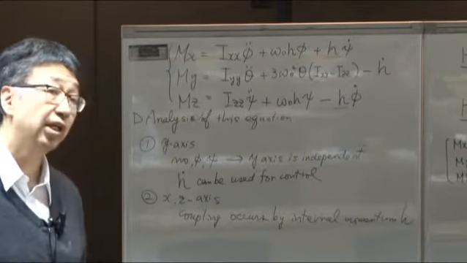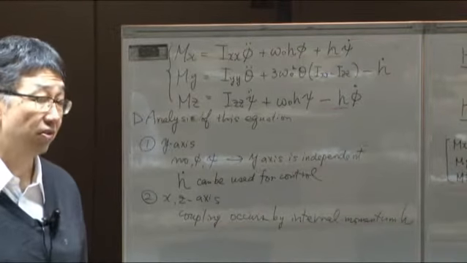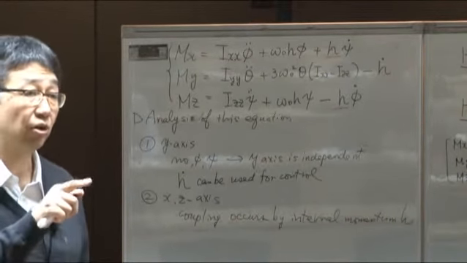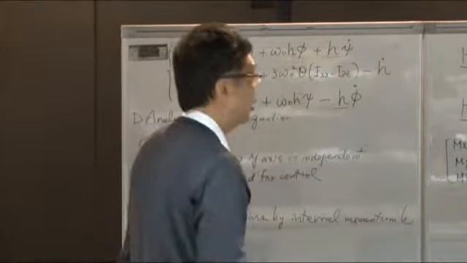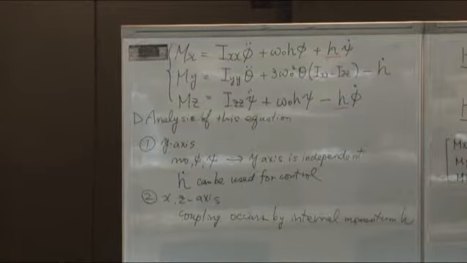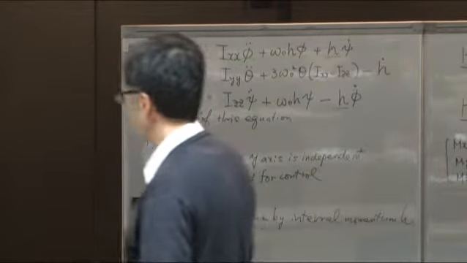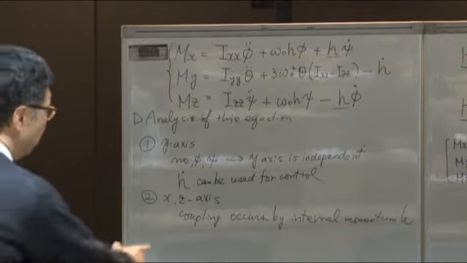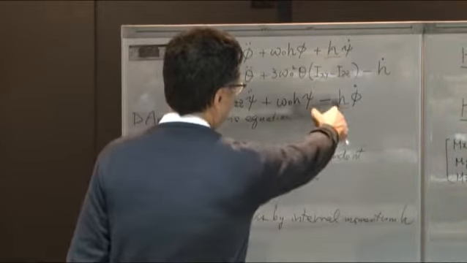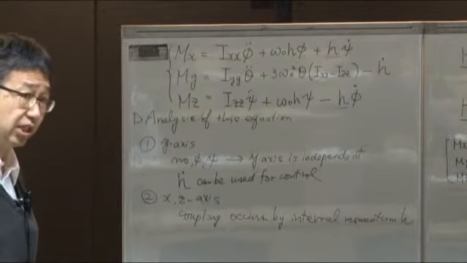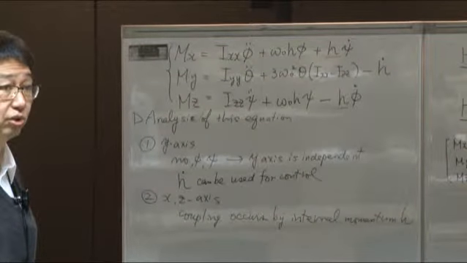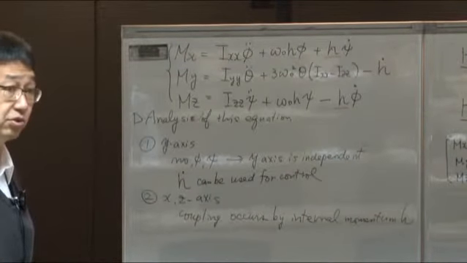So this is a feature of the bias momentum satellite. If there is no internal momentum, then only the x and z axes are coupled with omega 0, as I said. But if there is internal momentum, which is much larger than this kind of Ibody omega 0, then actually the x and z axes are coupled by the internal momentum h. So this gives the control of the x and z axes a special consideration.